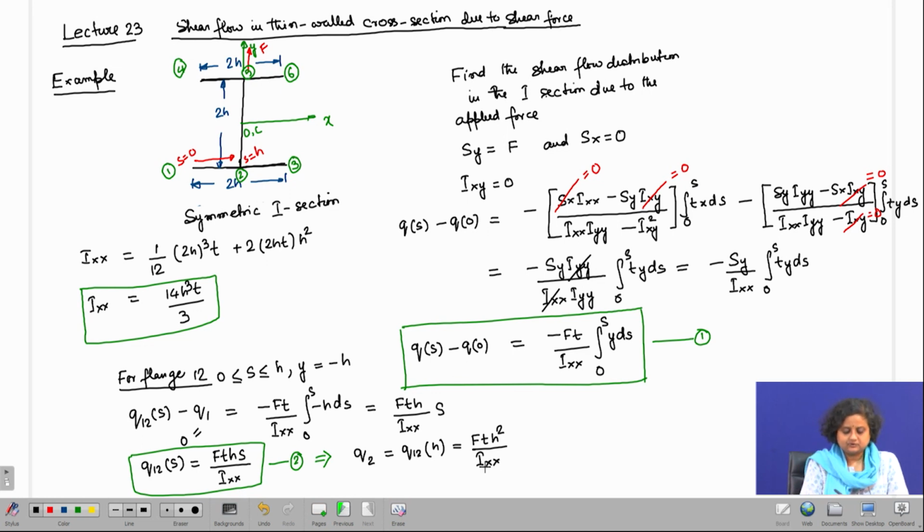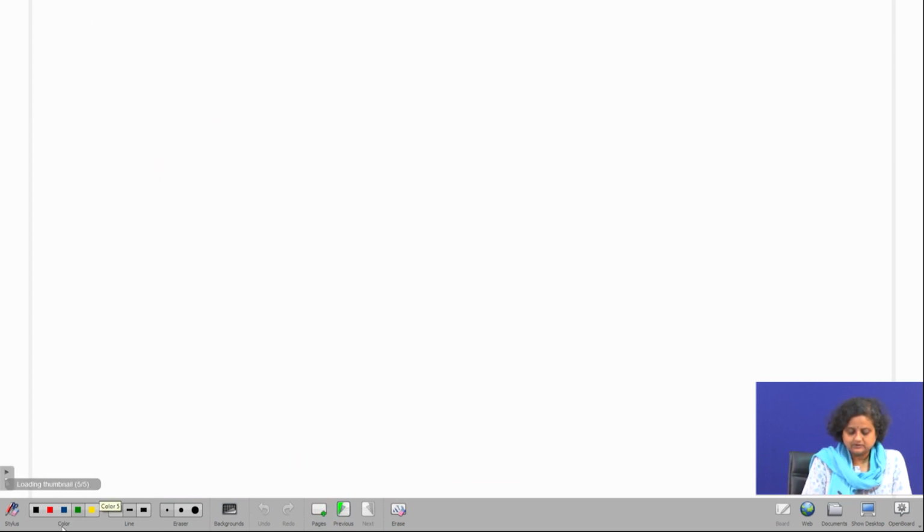So, this is the expression for q2. Now that we have found out the expression for q2, let us see how it is going to be distributed. So, let me draw the section once more.